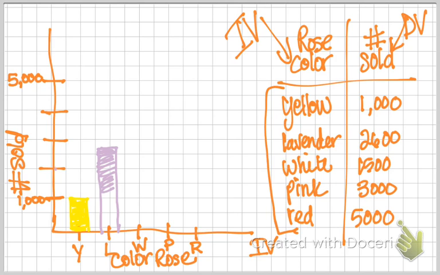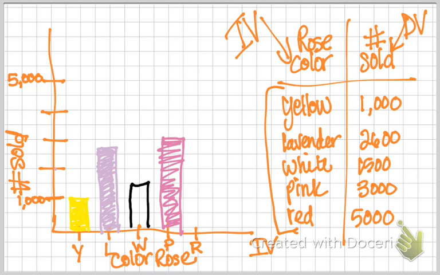Notice my bars are not touching. And that's something a little bit more advanced called a histogram. Next one, white. Oh, this is going to be hard to show. So I'll make sure I outline it in black so that we can see. White is at 1,500. Pink, 3,000, popular color, huh? Pink flowers, pink roses. I think you get the idea, right?